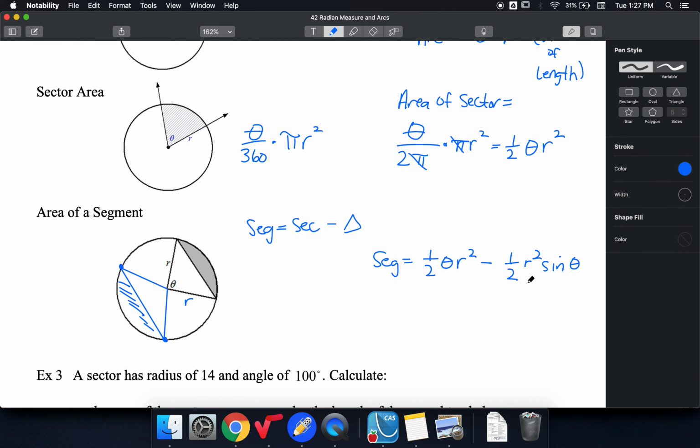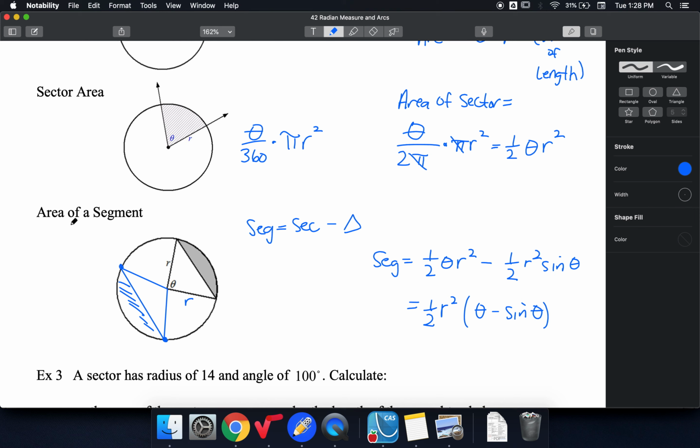Now, if I wanted to, I could factor out the 1/2 r squared and have theta minus sine theta. Notice you cannot factor out the theta. They are the same value, but this theta is an input to the sine function. This is not multiplication, this is a function.